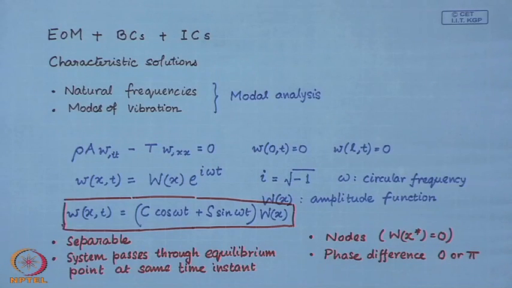So, if you take any two points x 1 and x 2 and if you observe the product of this amplitude function, if this is positive then the phase difference is 0, if it is negative the phase difference is pi.